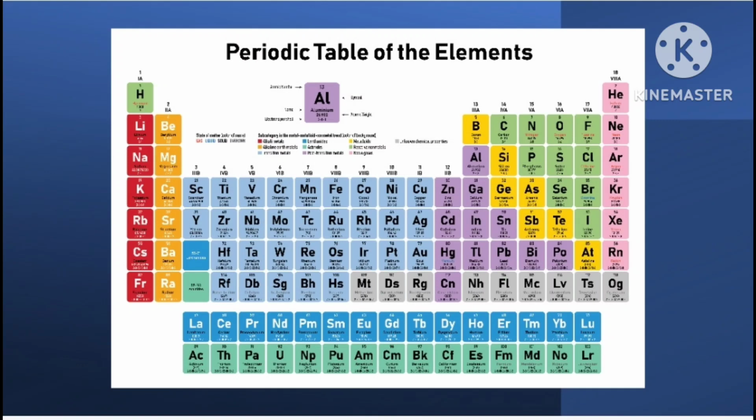If we have a look at the periodic table, we see that there are periods and groups. The number of the period shows the number of energetic levels. For example, if we take hydrogen or helium, which are situated in the first period, we can say that they have one energetic level. So n for these two atoms will be 1.